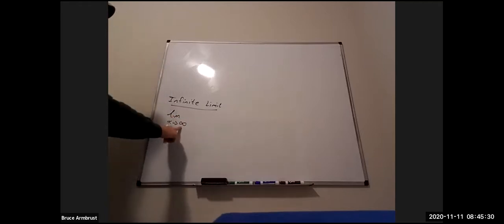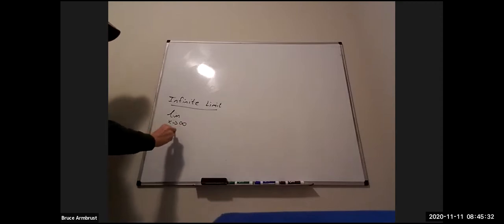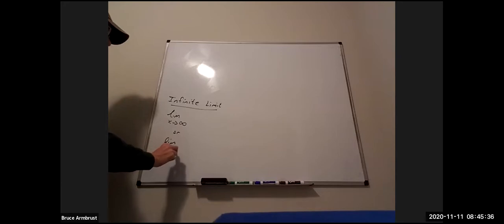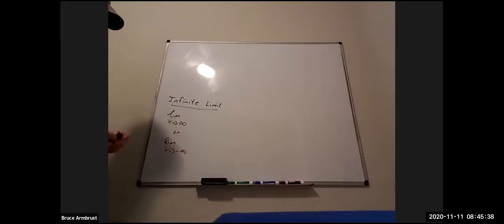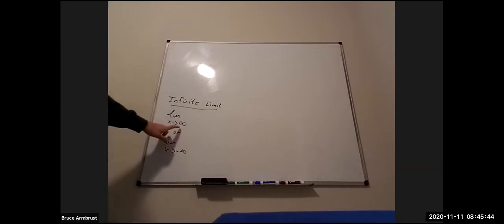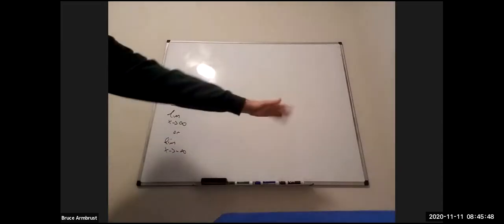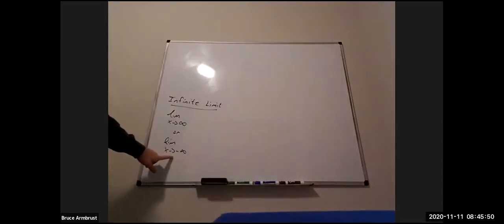I'm going to write here the limit as x goes to infinity, or the limit as x goes to minus infinity. Okay, so this is what we're going to talk about when we talk about an infinite limit: what happens as we go really, really, really far to the right, or what happens as we go really, really, really far to the left.